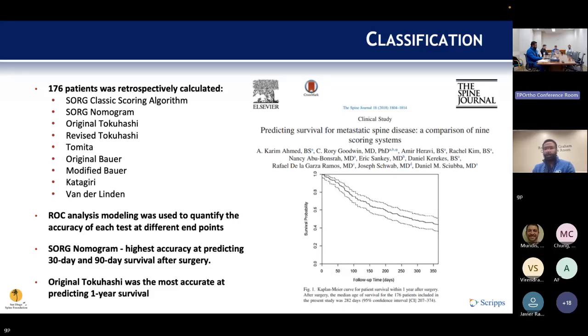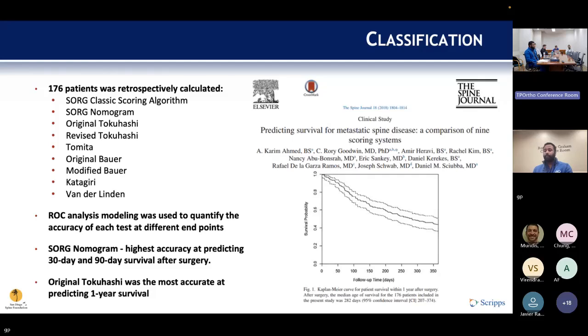So this was a comparative study of 9 different scoring systems, some of which we've talked about here. And they used receiver operator curves to model the accuracy of each of these tests. And they came to the conclusion that the SORG nomogram had the highest accuracy at 30 and 90 days, whereas the original 1990 Takahashi paper had the most accurate at predicting 1 year survival.